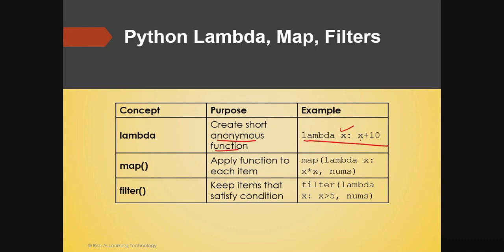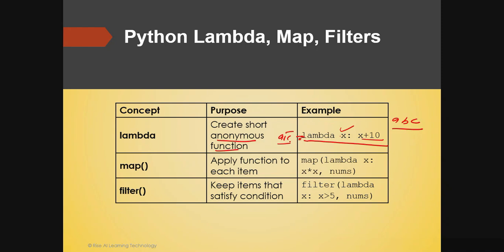Suppose for this x, I want to add x plus 10. If you assign this to a variable, say abc, then abc works like a lambda, because the variable now becomes this anonymous function. Then you can simply call abc and it will do the same job.